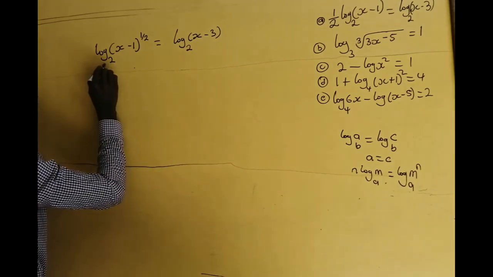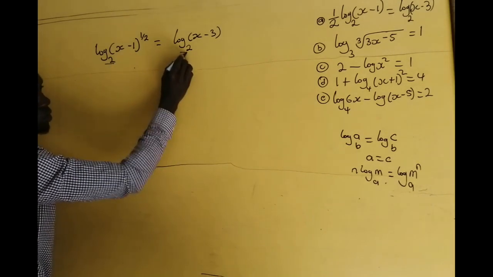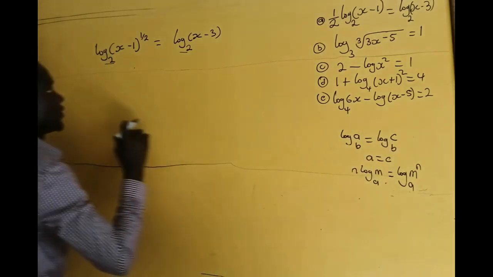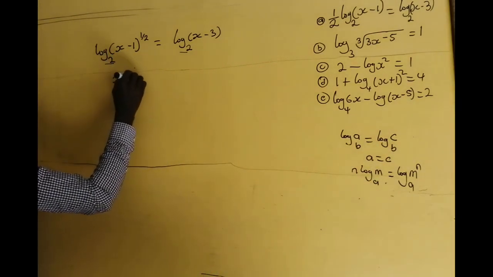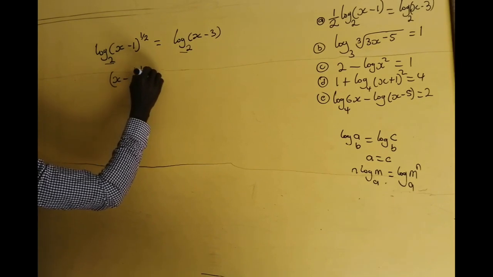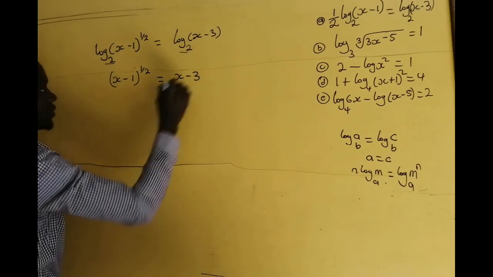Now, we have base 2, base 2, so we apply this. Then this implies that (x minus 1) to the power half is equal to x minus 3.